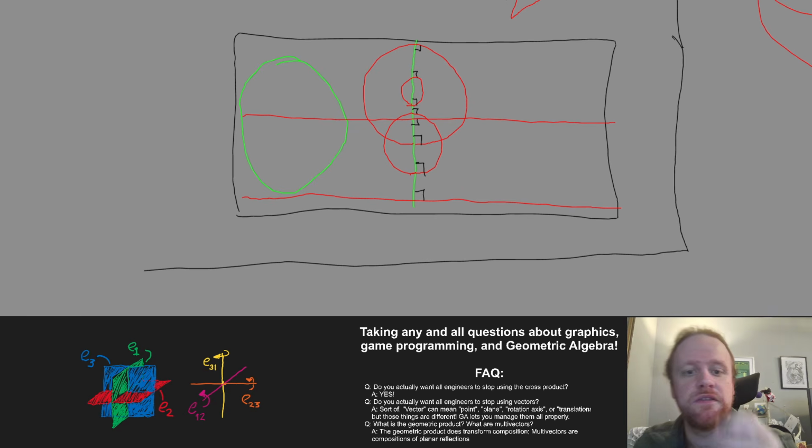All of these are the circles that are at a right angle to the line, and these lines as well, but a line is a special case of a circle. And that's the claim, and the reason that that's the case is because you can construct this trivector line by taking the intersection of three circles that don't intersect.